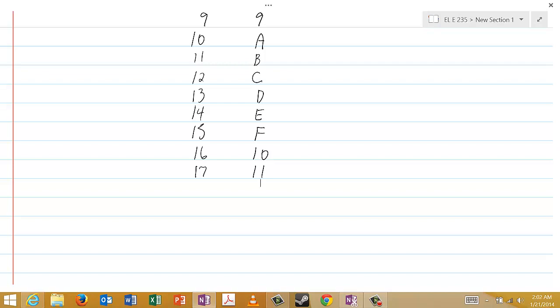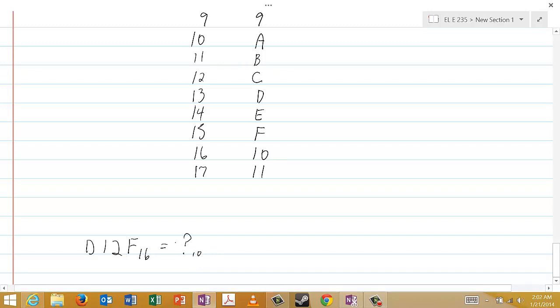So to make sure that this concept is clear to you, let's suppose that we had the hexadecimal number D12F base 16, and we wanted to know what that is equal to in base 10.